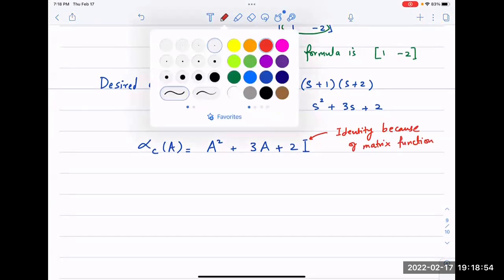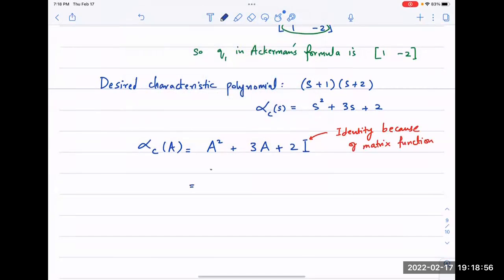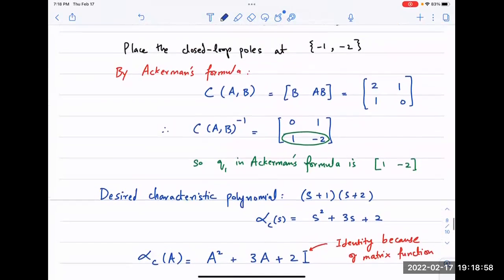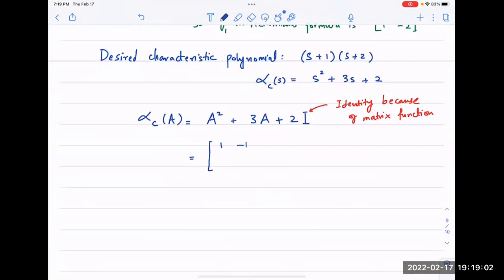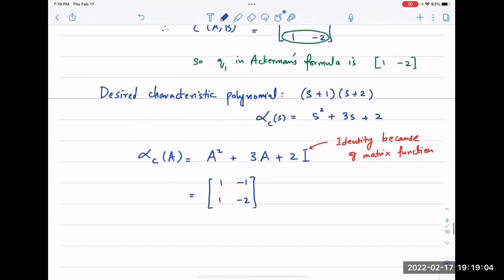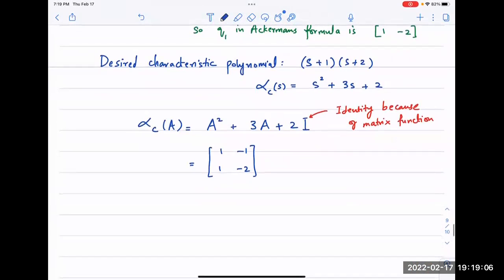So A squared will be A times A. So it's [1, -1; 1, -2] times the same thing, [1, -1; 1, -2].